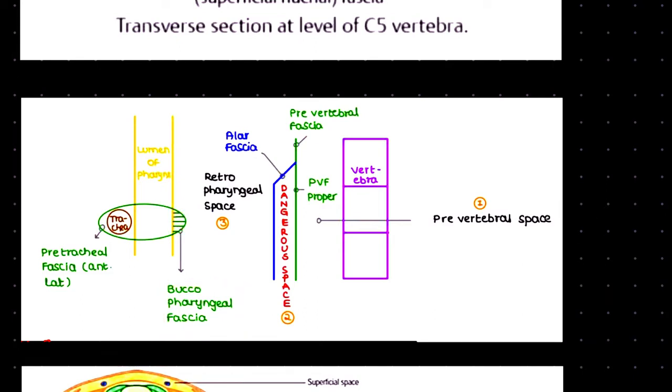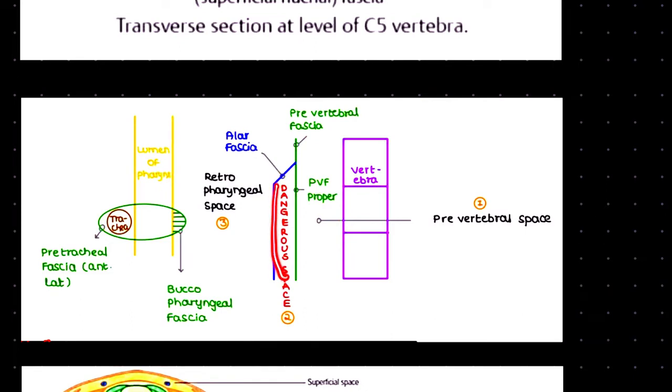And there is a space just behind the lumen of the pharynx, behind the buccopharyngeal fascia. That is retro, which means behind. This is our retropharyngeal space, between the alar fascia and the buccopharyngeal fascia. So these are the spaces and fascias in the schematic diagram.